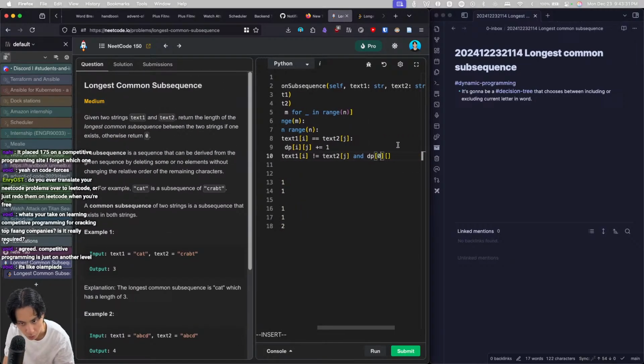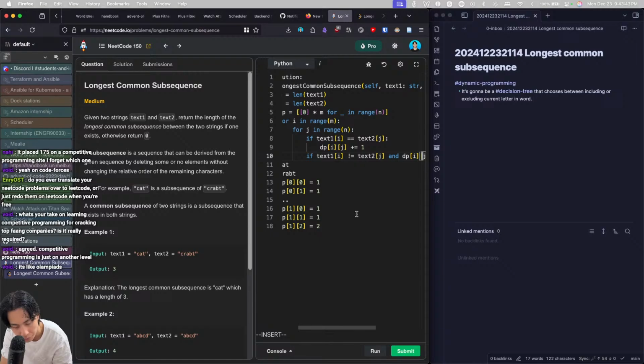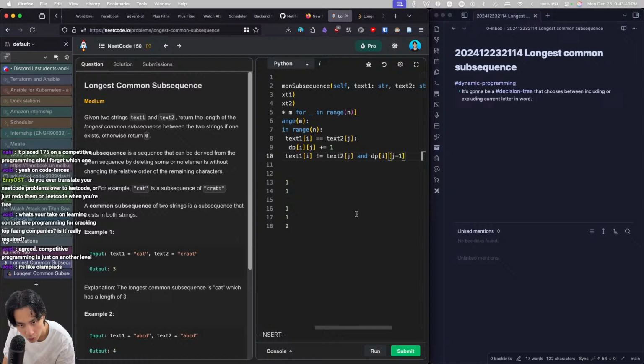The DP of 0, 0. I and j minus 1. It's something to consider. J minus 1 just means you have to ensure that j minus 1 exists.